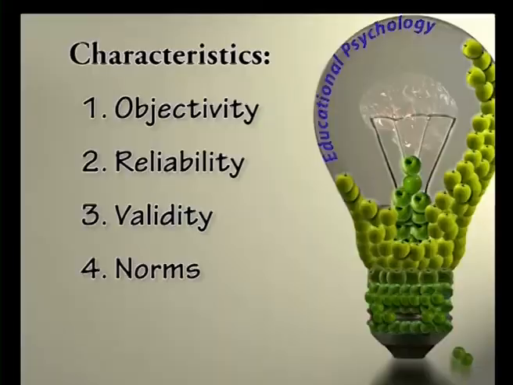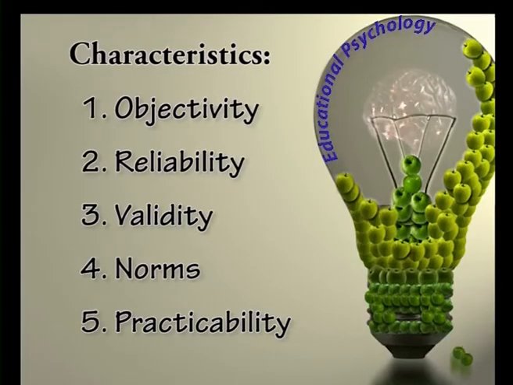The future user of the test can compare their scores with the norms to know the level of their sample. Let's talk about practicability. The test must be practicable in terms of the time required for completion, the length, number of items or questions, scoring, etc. The test should not be too lengthy and difficult to answer.